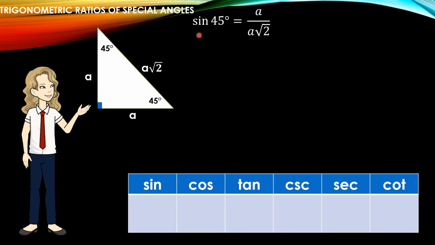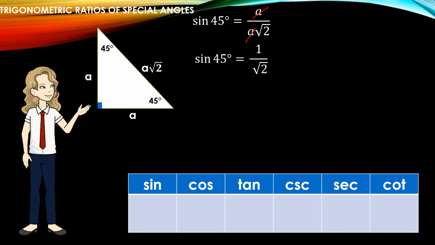First, we get the sine 45. Sine is opposite. So this is your 45 degrees. Looking for the degree of 45, sine is opposite over the hypotenuse. So we have A over A square root of 2. Then we need to simplify. We cancel the A. So we have 1 over square root of 2.